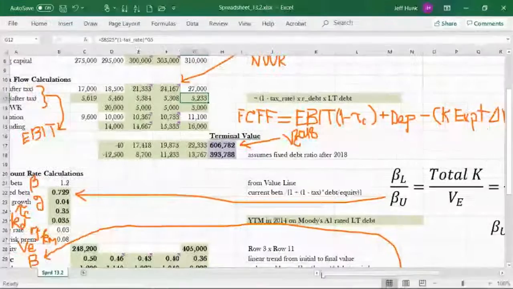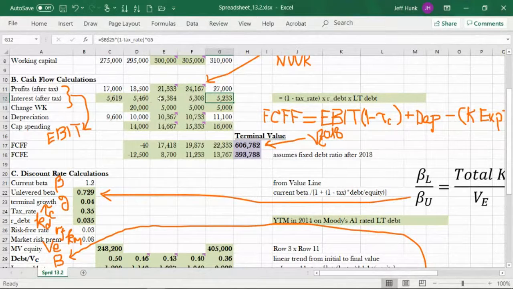So interest calculation is not that difficult, right? We have all those tax rates and interest rates, discount rates, those data points, those data are here, right?